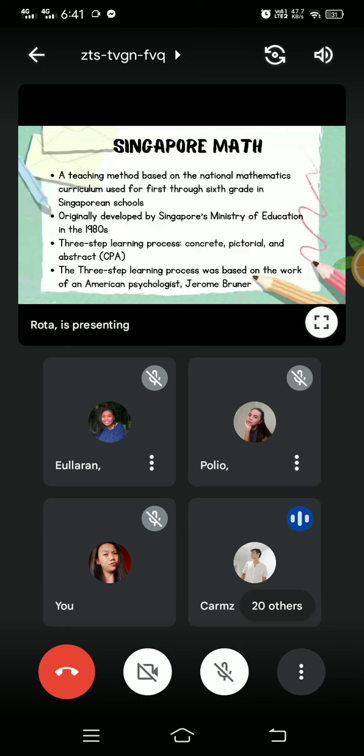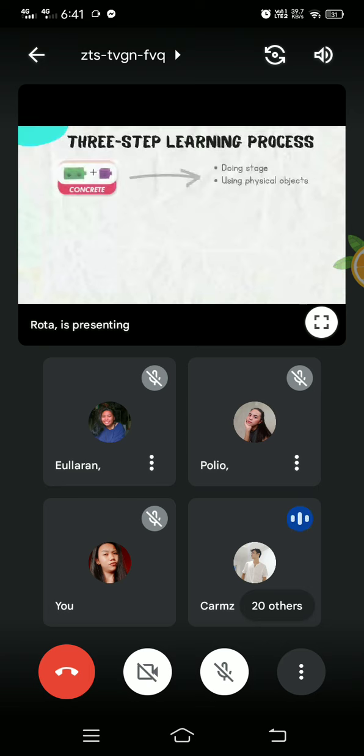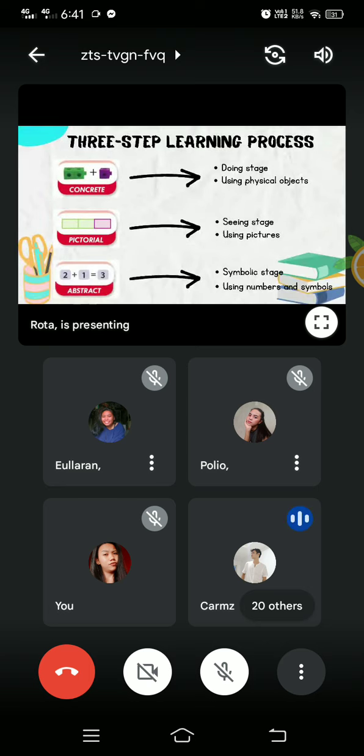The approach has three steps. We begin with the concrete, meaning we begin with real objects. This is the doing stage, where you have physical objects that the child can touch. You cannot let the child count and just imagine.